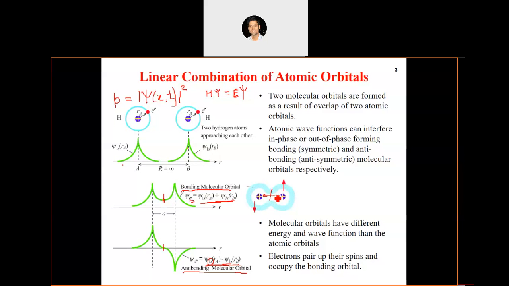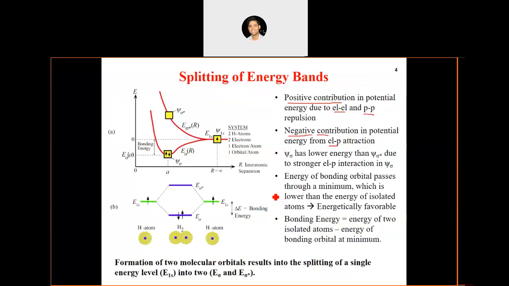When the electron is at the center, it can interact with both protons, in comparison to when you have the electron elsewhere, where the negative interaction will be less. Because of this, we have lower energy in case of bonding orbital, because we have higher contribution of negative potential, right?